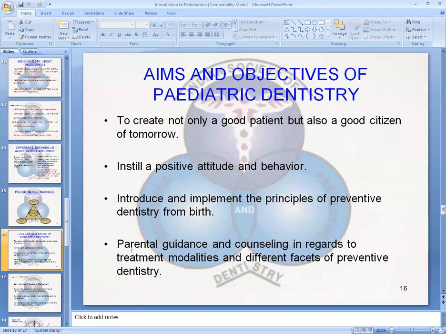Next is parental guidance and counseling in regards to treatment modalities and different facets of preventive dentistry.